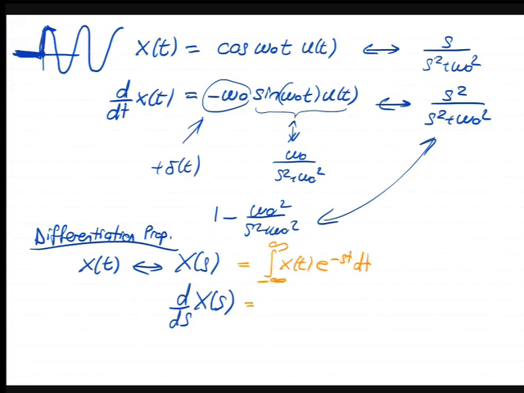What do you think is the derivative of this with respect to s? Minus t, right? Because I have e to the negative s t. If I take the derivative with respect to s, I'll get a factor of t. So minus t x of t e to the negative s t. So that still looks like a Laplace transform, except it is the Laplace transform of not x, but negative t times x of t.